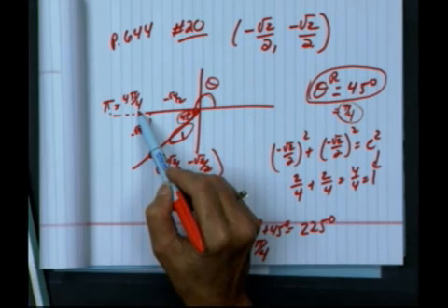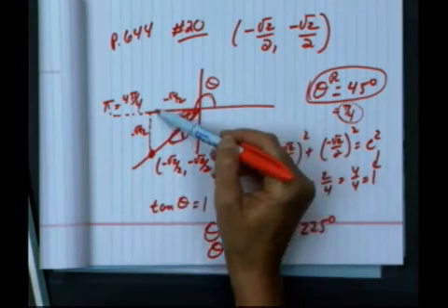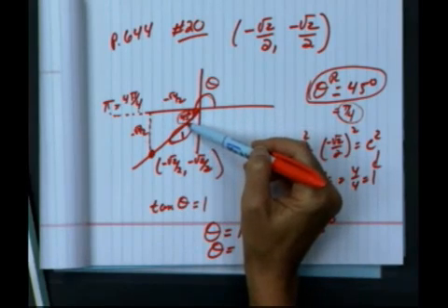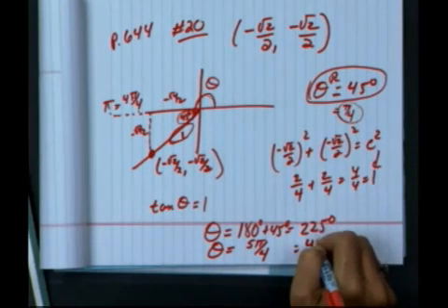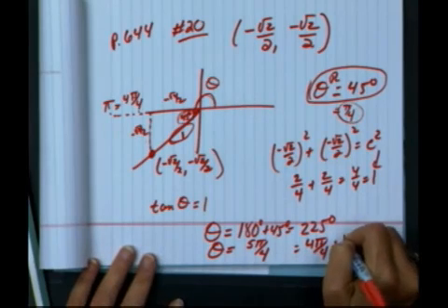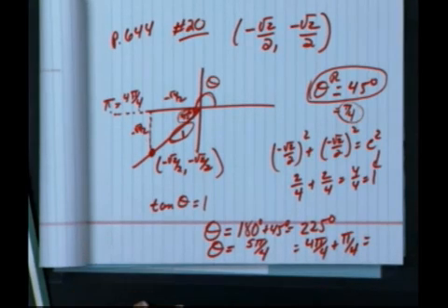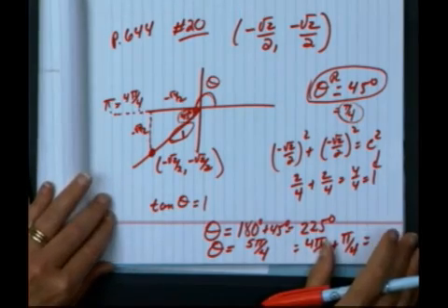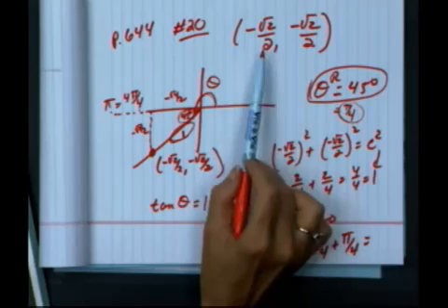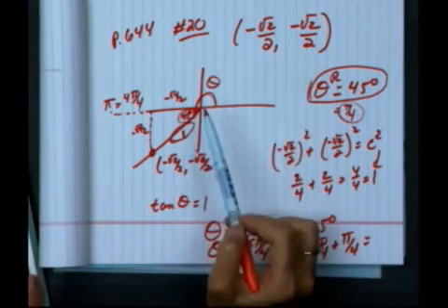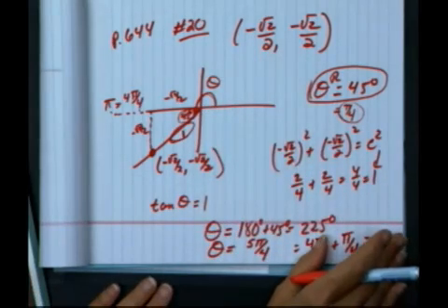So if you're at 4 pi over 4 and you add one more pi over 4, you will get your 5 pi over 4. Okay, everybody good on number 20? If you know sine and cosine and you got tangent, then you've got your other 6 trig functions.